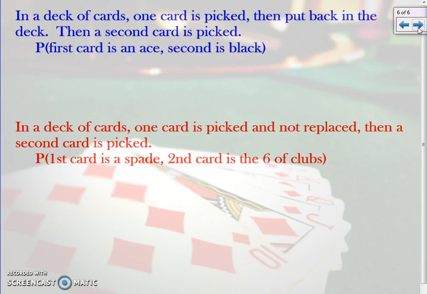All right. We have a deck of cards. One card is picked and then put back in the deck. Then a second card is picked. Okay. So what is the probability that the first card is an ace? How many aces? 4 out of 52. Okay. The second card is black. There are 26 black. What's the number here?